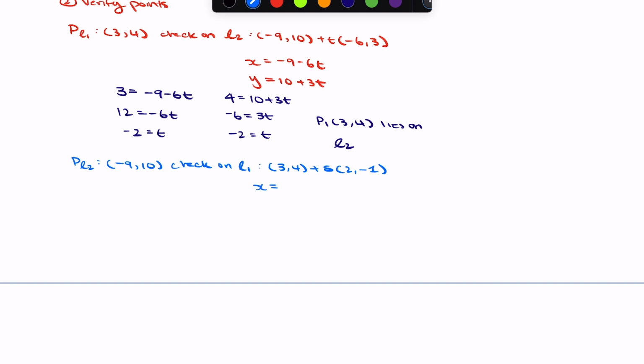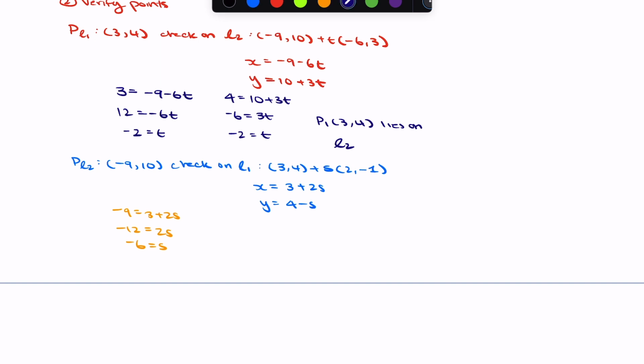And so for our parametric equations, we have x equal to 3 plus 2s, and y is equal to 4 minus s. So here, if we sub that in, -9 is equal to 3 plus 2s, -12 is equal to 2s, -6 is equal to s.